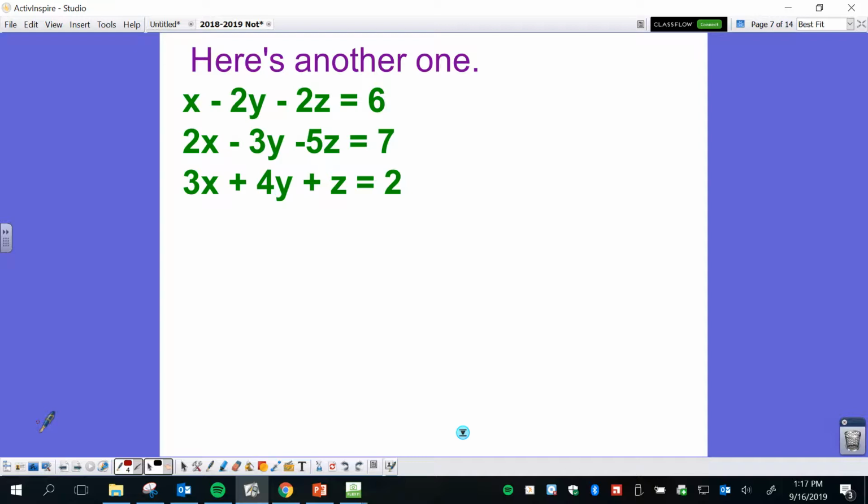So, one of the questions on your next quiz is to do this, not to do all the Gaussian, no, to take a system and write it as a matrix. So, by practicing this right now, that's a whole quiz question that we can nail right now. Actually, I should probably do it if I want to be ready, right? Let me get mine down.